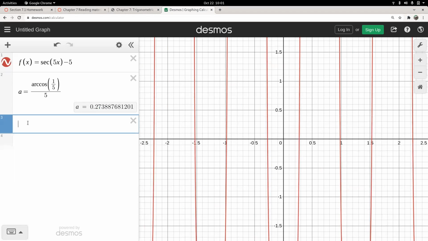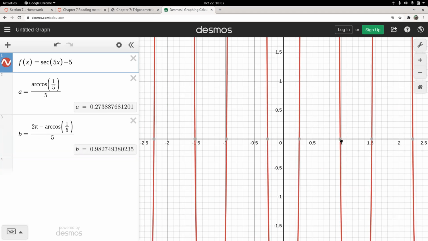All right, my other one, B, was a fraction with a 5 in the bottom, and in the top it was 2 pi minus that arc cosine. .9827, should be this one. 0.983, yep, just rounded to 3 decimal places.